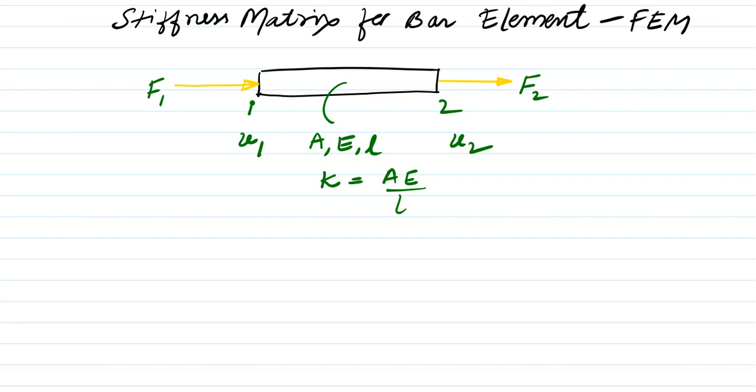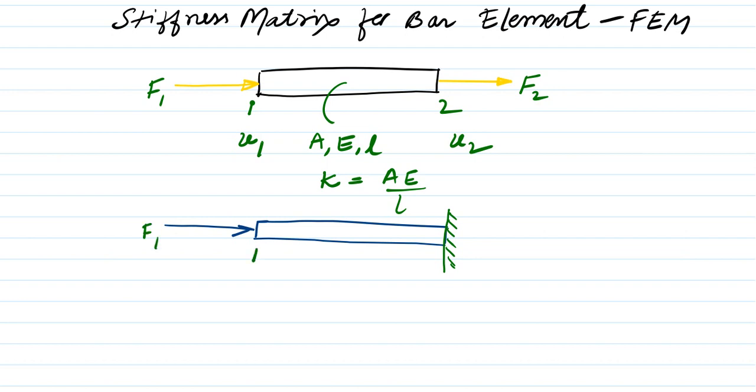For example, with the same element and the same loading condition, suppose we fix one end. Here the load is F1, this is node 1, this is node 2, and we make node 2 zero.